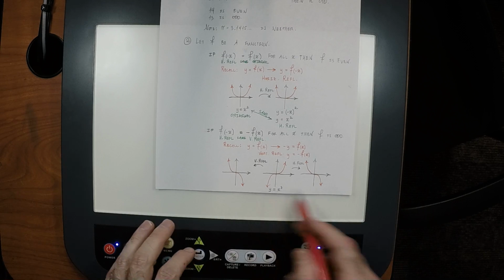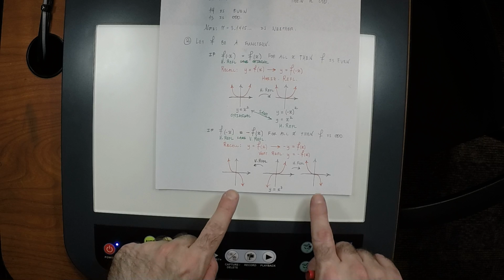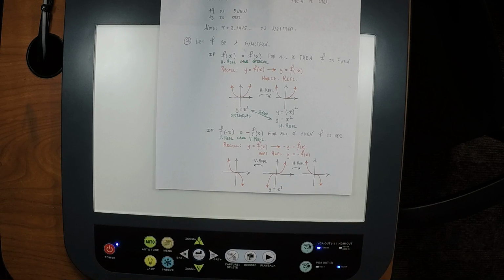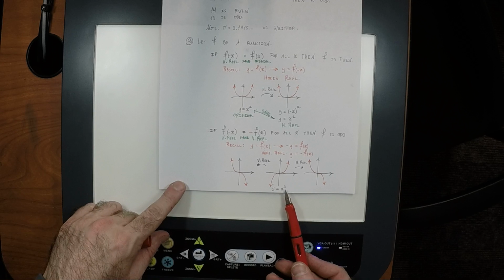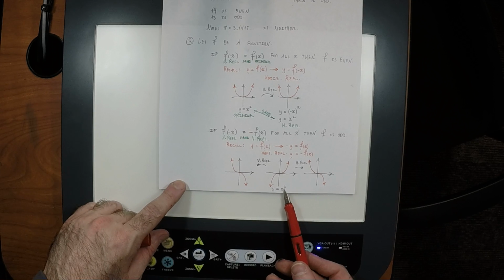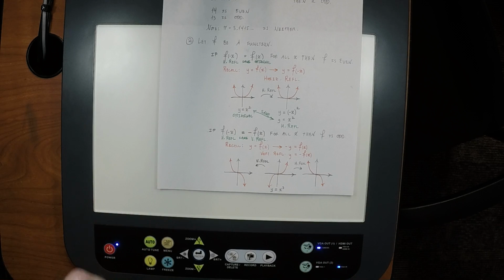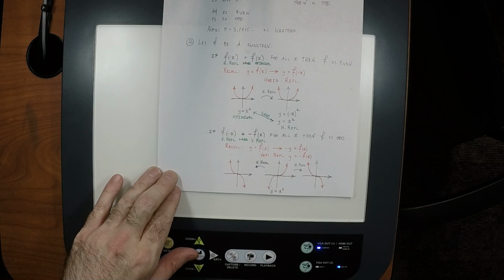So what's the case about this? It must be odd, right? That's what odd means. So notice that the exponent there is 3, which is odd, where integers are concerned. So there's that.